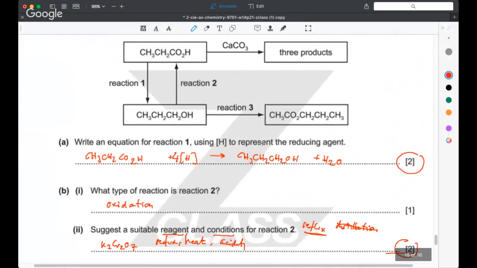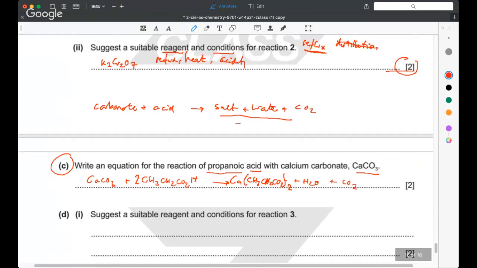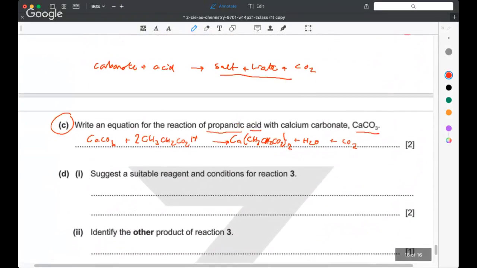Step 3 was, look, this is an alcohol here, there's an ester over here, there's an esterification going on, and so suitable reagents for step 3, because it's an esterification, is to use ethanoic acid. And again, we've got 2 marks here, and we're asking for reagent and conditions.